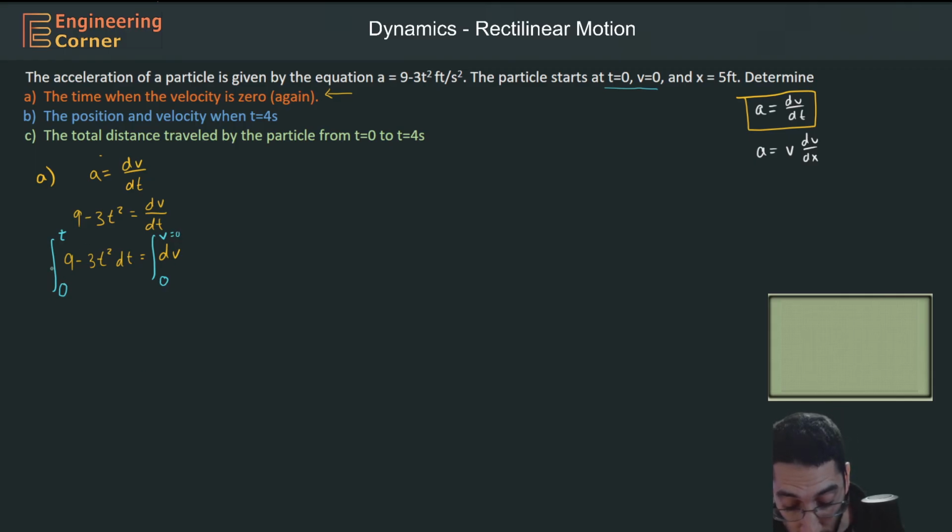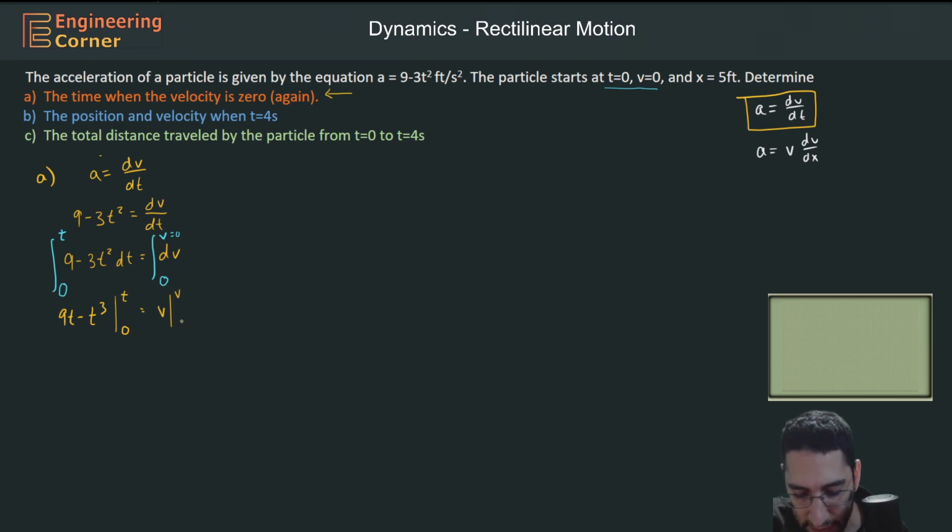So what do we do? Well, we integrate this equation. This side of the equation becomes 9t minus t cubed, and this is going to be evaluated from t to 0. And this side is going to be just v. This is why I kept the variable v.